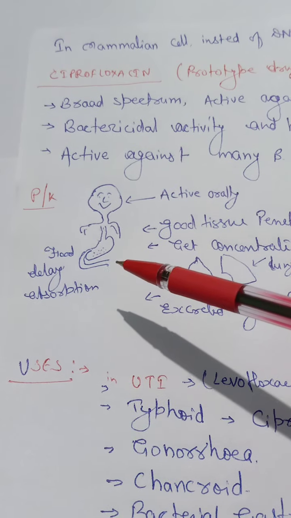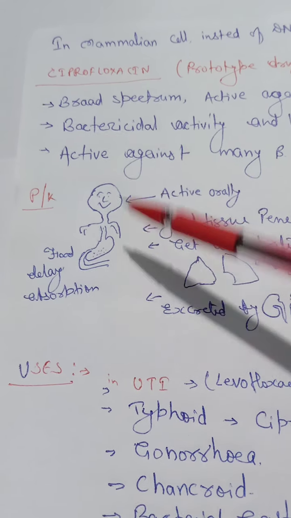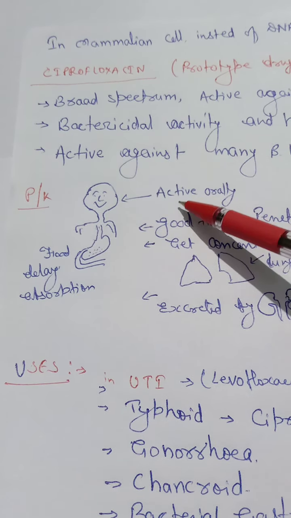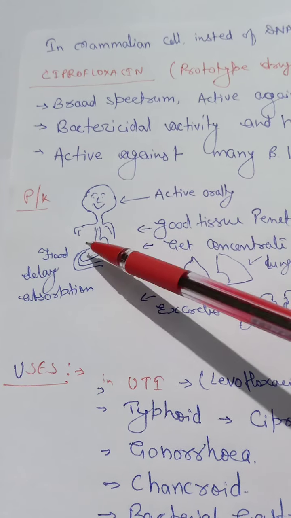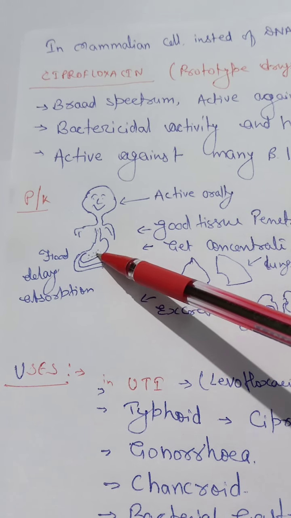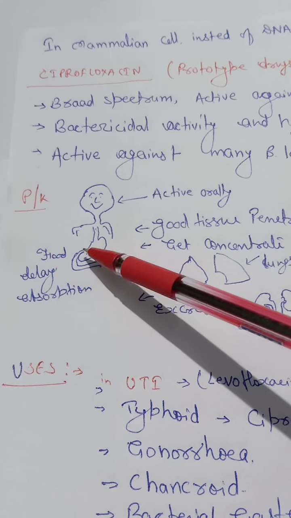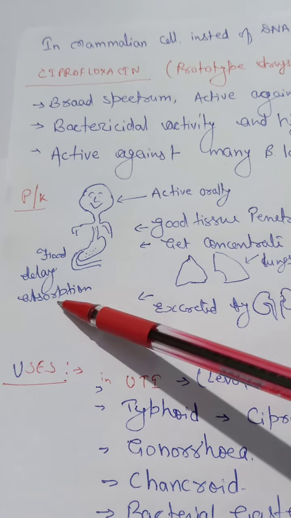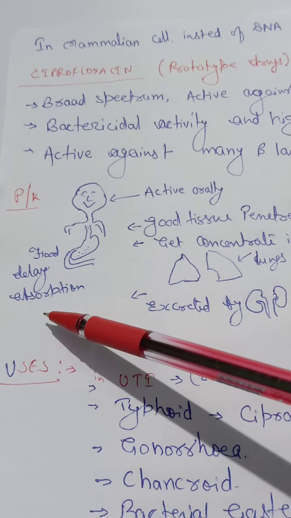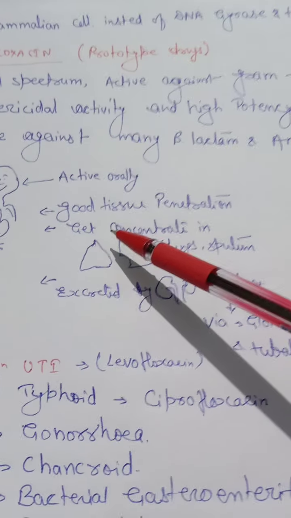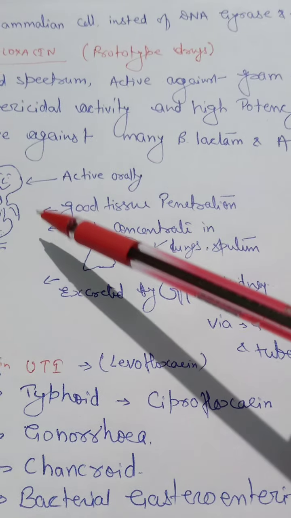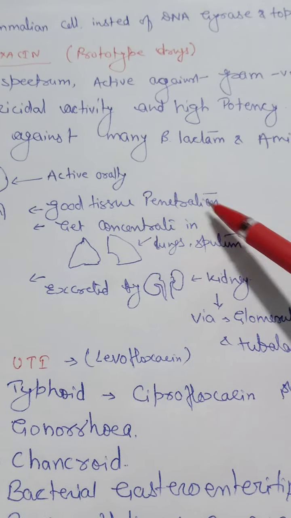The pharmacokinetics. It is taken orally, that is, it is orally active, and as the stomach contains food particles, the food delays the absorption of ciprofloxacin. It should be noted. As soon as the drug is absorbed, it has good tissue penetration.